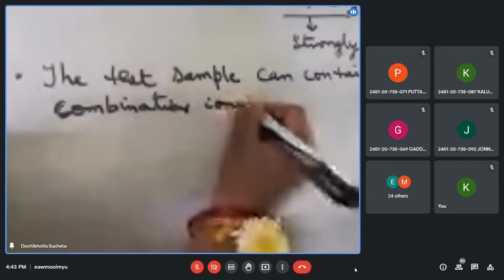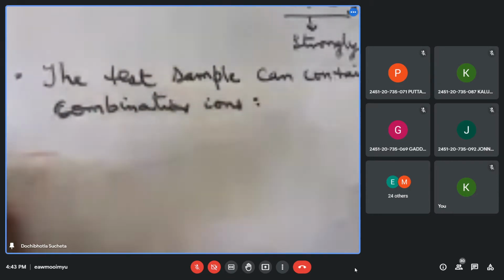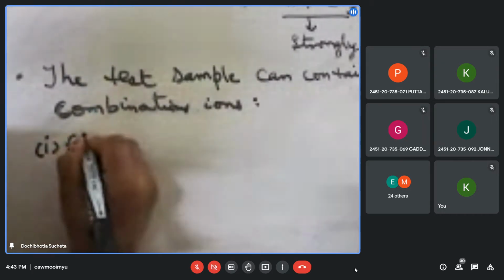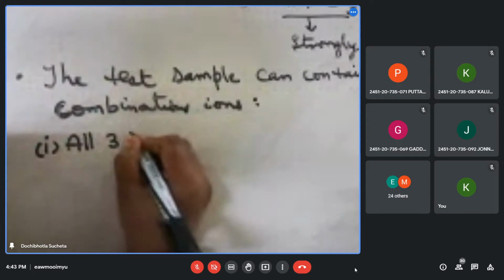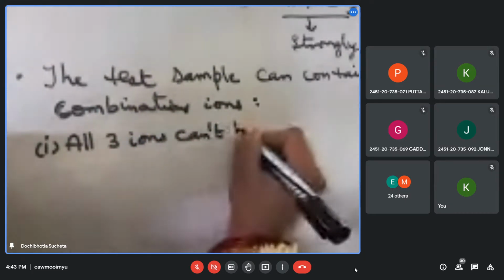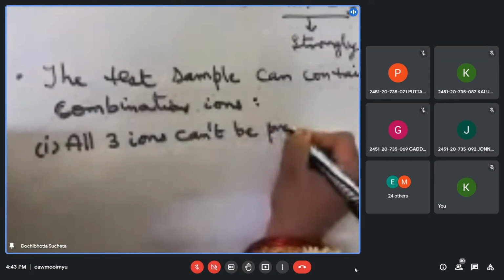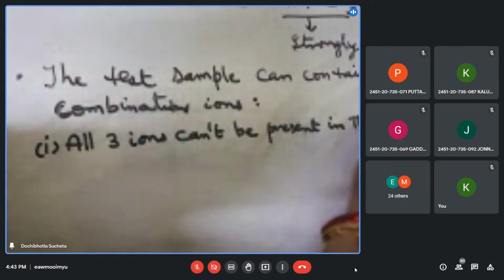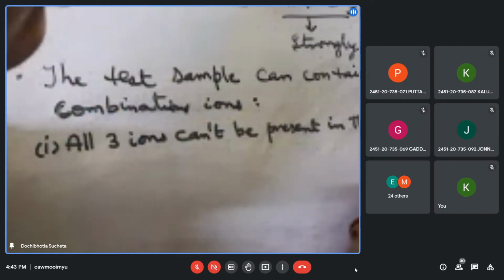Now from here, I want you to be a little alert. First point: all the 3 ions cannot be present in the same solution. Why?